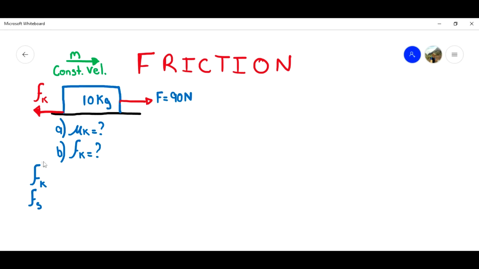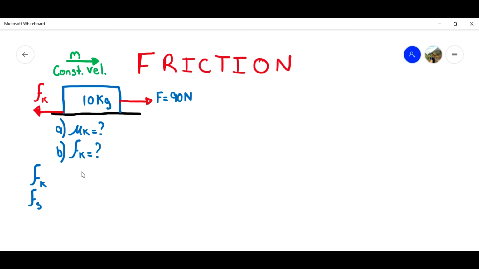There is a friction force that goes against that motion, and that will be the kinetic friction force. If I'm going to start moving the object, in this case the block, but the block is not moving yet, I'm going to have the static friction force. So in this particular case, the block is already moving, so I'm going to use the kinetic friction force.